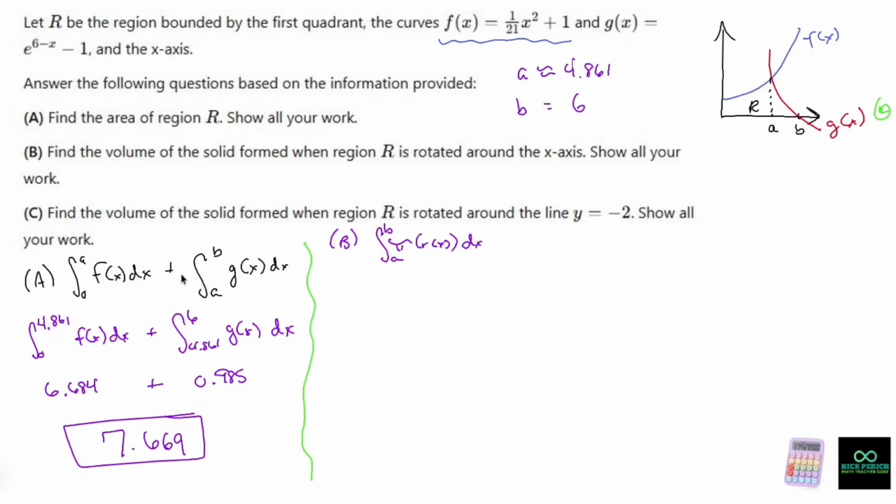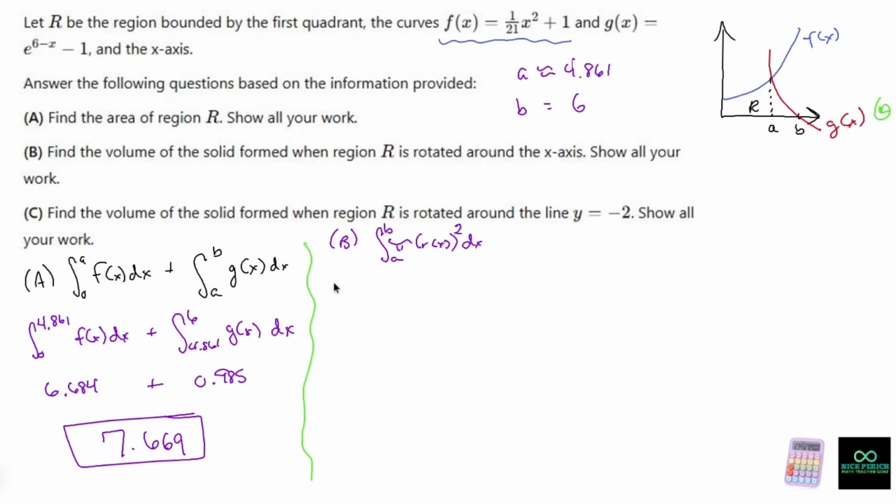Now I'm going to set this up the same exact way, using these two added to each other, but I'm going to square the functions. I forgot to say that over here: square the functions and attach pi to it, okay?